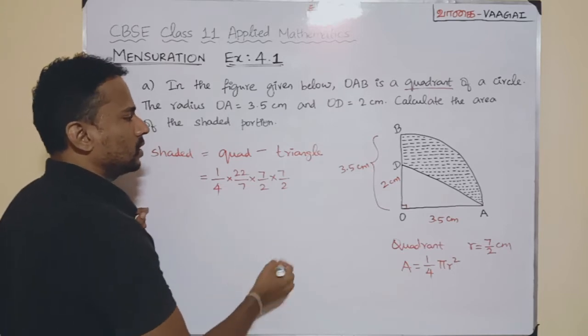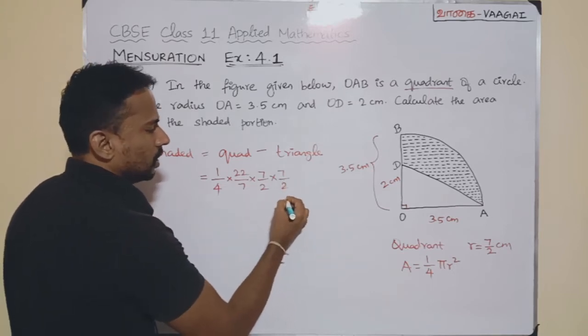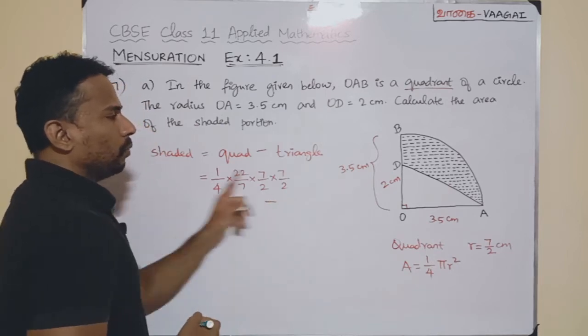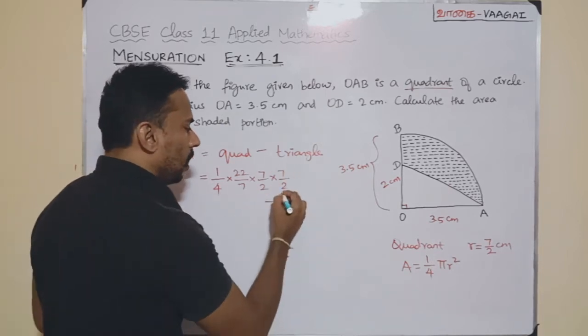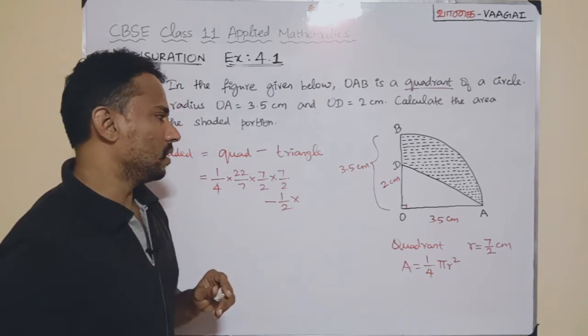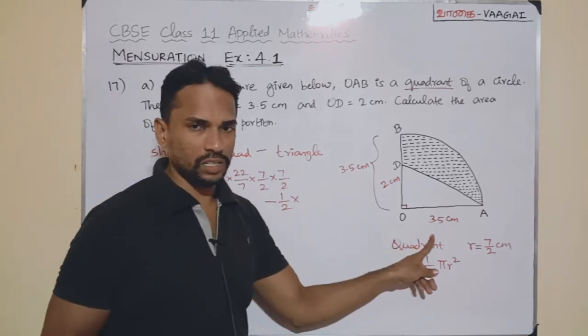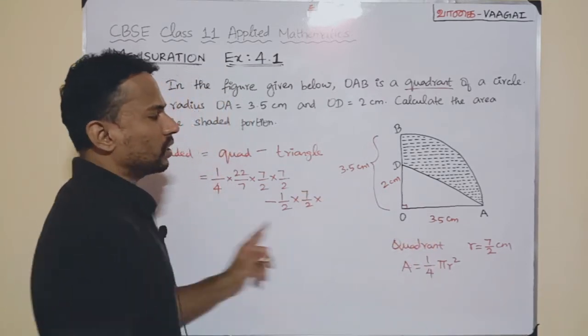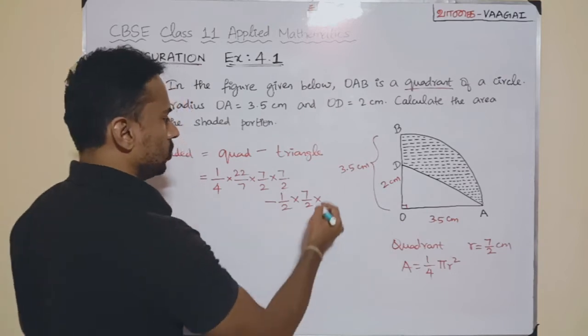Now from this, minus, I don't have extra space here. So minus. Now what about the triangle's area? Triangle area will be half into base into height. So half into, what about the base and height here? The base of the triangle is again 3.5, so 7 by 2, multiplied by height of the triangle, which is going to be 2 centimeters. So this will be 2.